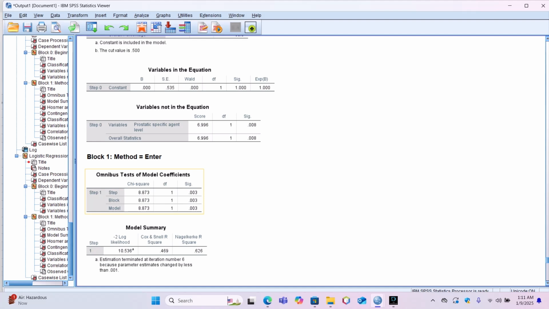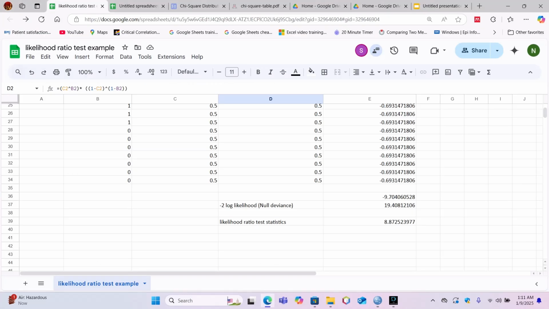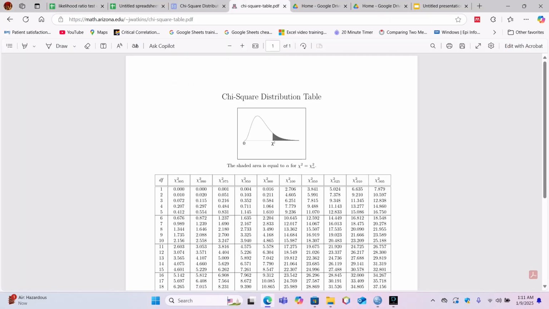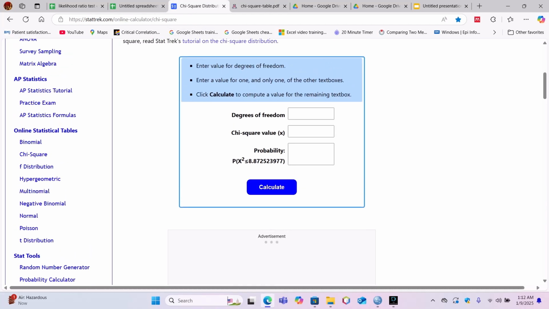Since this follows a chi-square distribution, we can check the chi-square table, and since there is only one parameter, the degree of freedom is 1. So for that, 7.87, our chi-square statistic is larger than 7.87, which was 8 point something. So we will need a calculator, and I will use a calculator here.